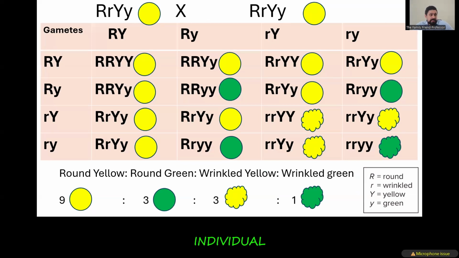Each individual can give 4 gametes: big R big Y, big R little y, little r big Y, or little r little y. The same here. You combine them together, this with this, and you would get 16 different genotypes.